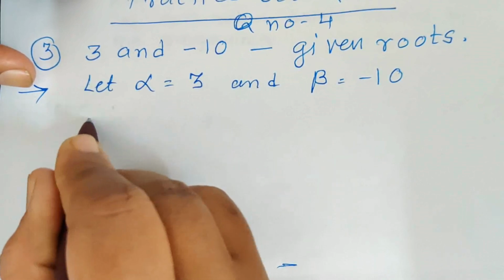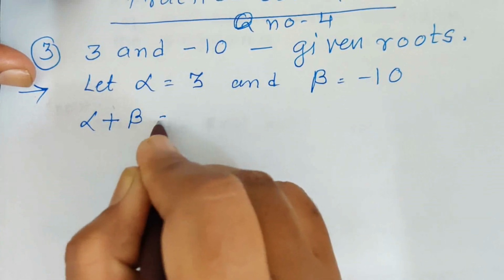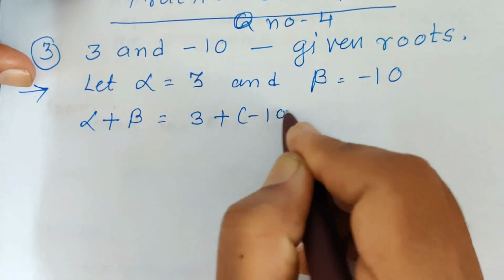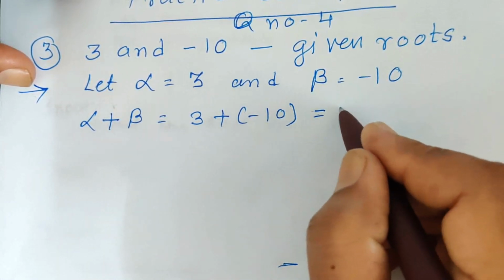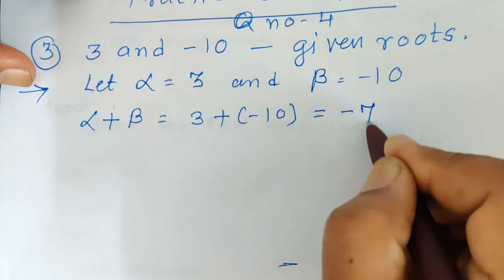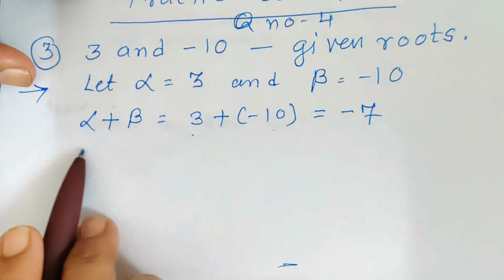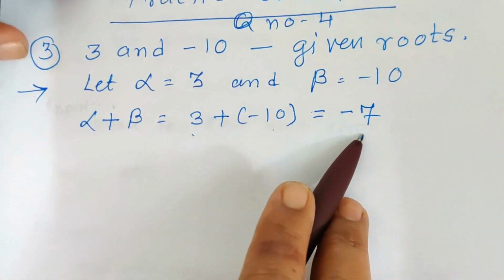First, the relation: alpha plus beta is equal to 3 plus minus 10, and you get minus 7. Plus minus, minus, the bigger number's sign. So the sum of the 2 roots is equal to minus 7.